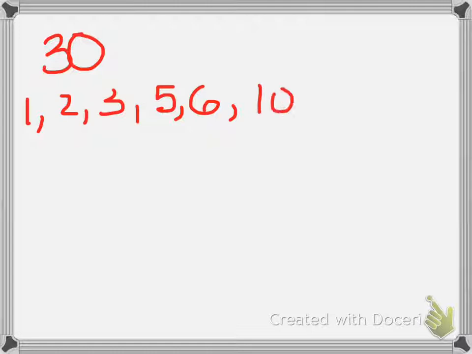So I have 30, and then, if I list my factors, I have 1, 2, 3, 5, 6, 10, 15, 30. So I need to find another one.